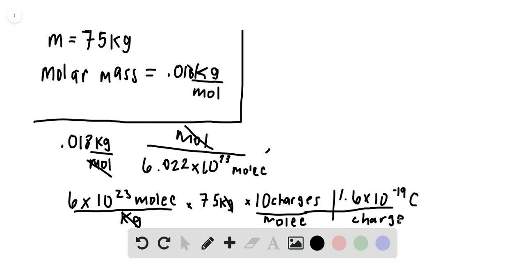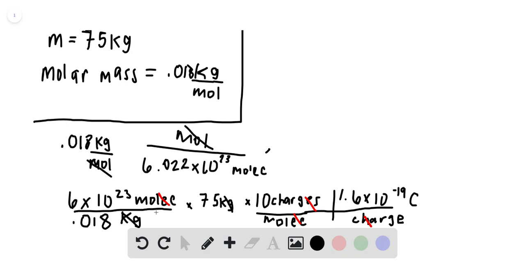As I was scanning this, I realized I forgot to put the 0.018 here. Sorry about that. And so I'm going to cancel out this molecule unit, cancel out this charge unit. So now we're just left with coulombs, which is what we wanted.